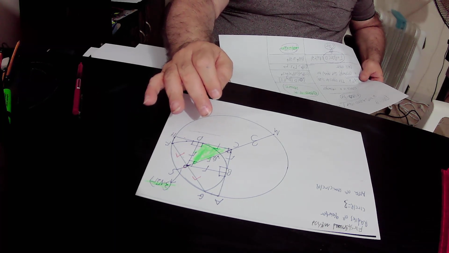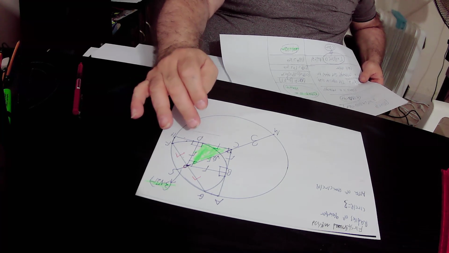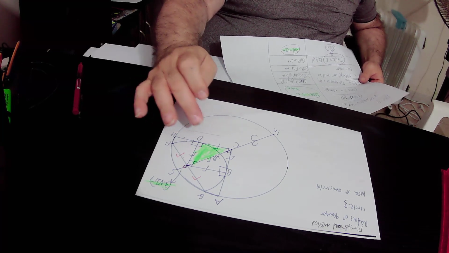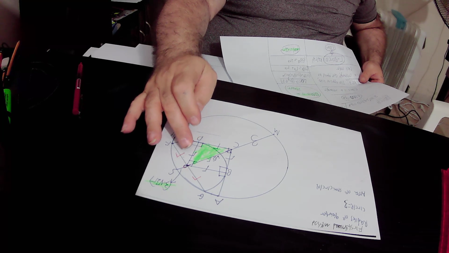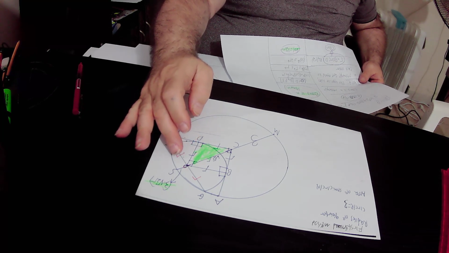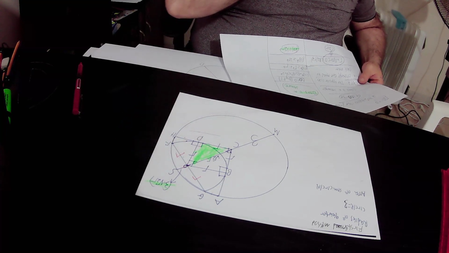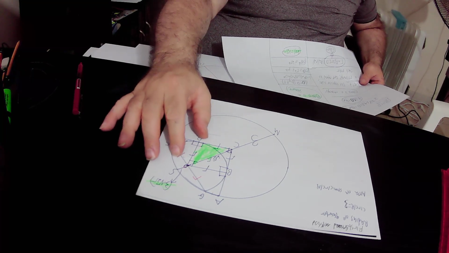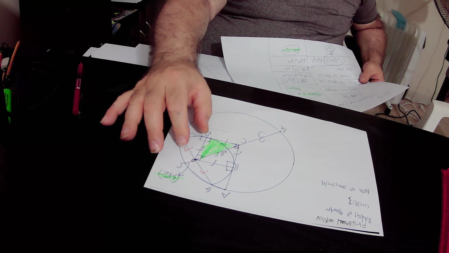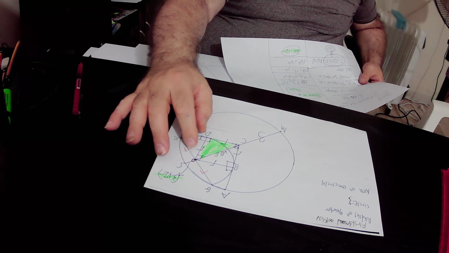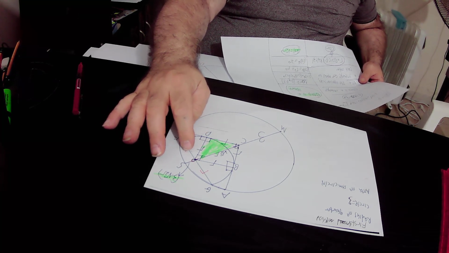Okay? Then we extend that diagonal CO by a straight line until it touches the quarter circle at point S, and we find the length of line segment SO.